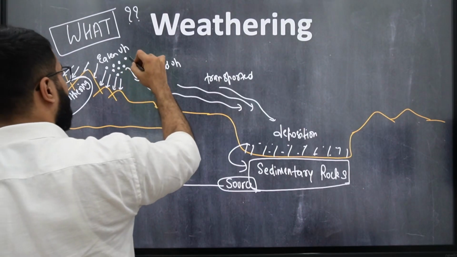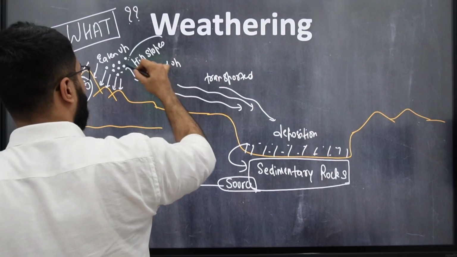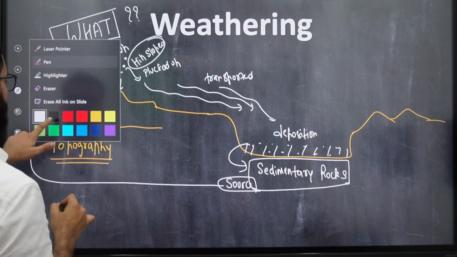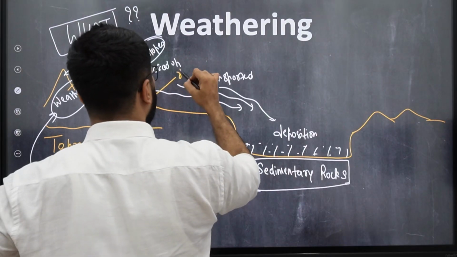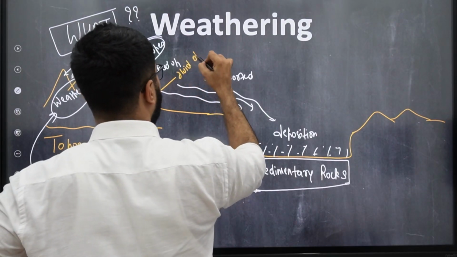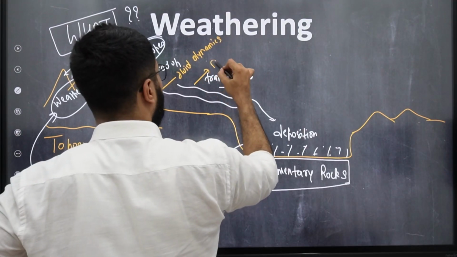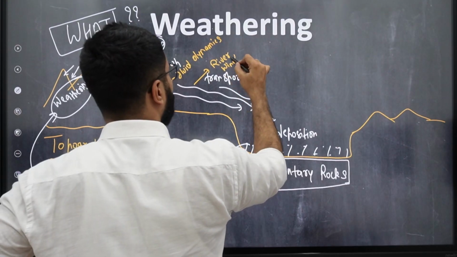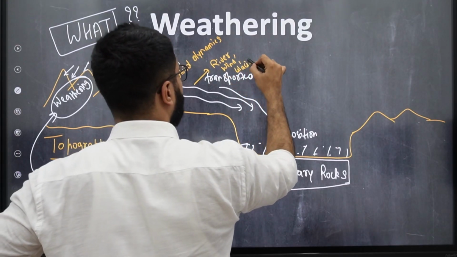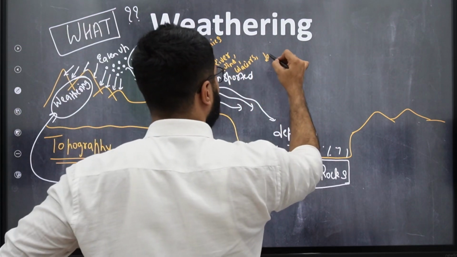So here we will talk about hill slopes. After that, in the process of transportation, we will talk about fluid dynamics. Then we'll look at transporting agents: river, wind, glaciers, and then we'll talk about lakes.